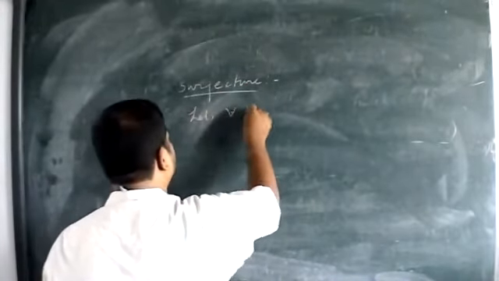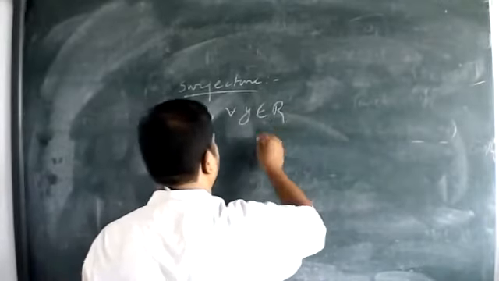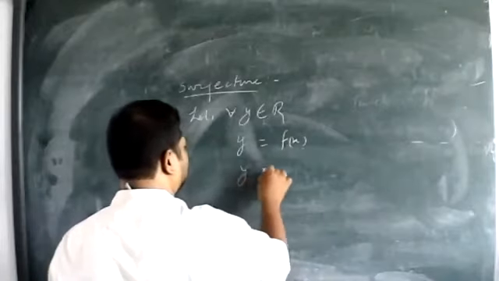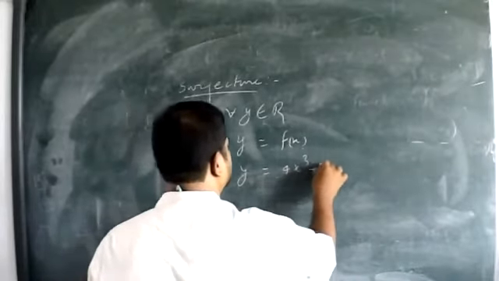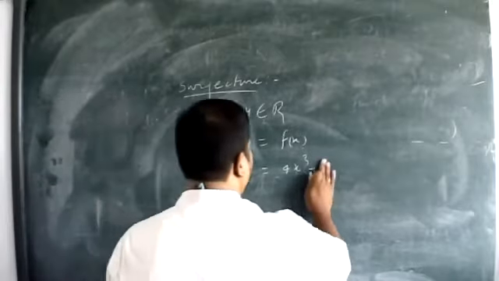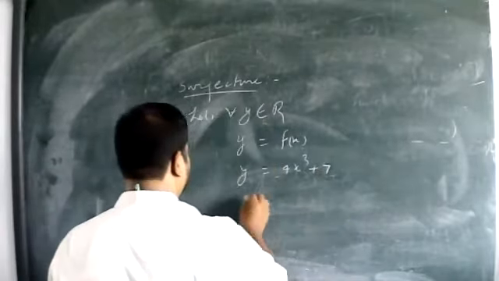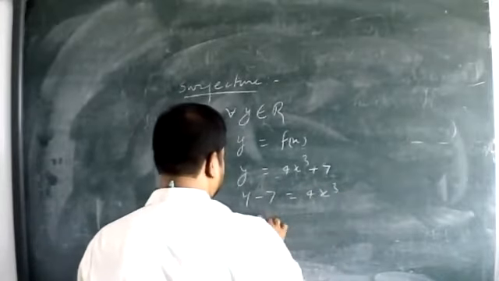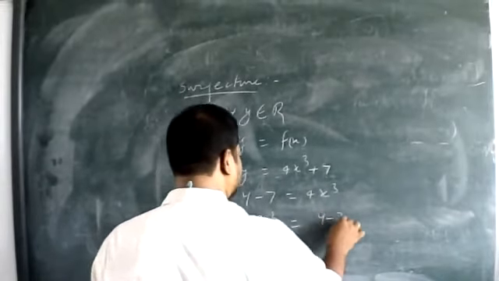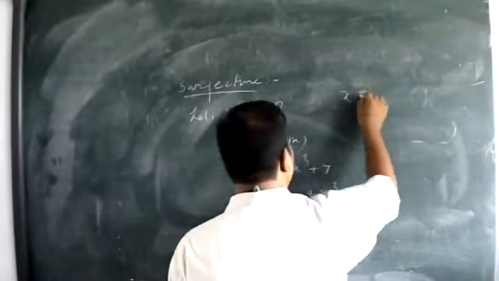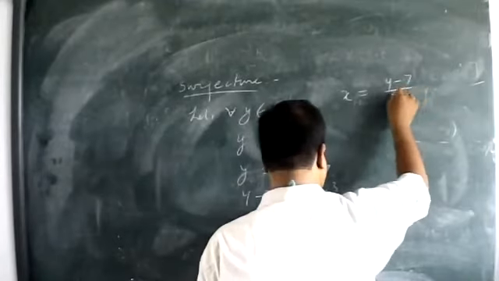For each y belongs to R, we have y equals to f(x), that means y equals to 4x cube plus 7. And now y minus 7, this is nothing but 4x cube. So x cube is nothing but (y minus 7) by 4, and x is ((y minus 7) upon 4) to the power of 1/3.